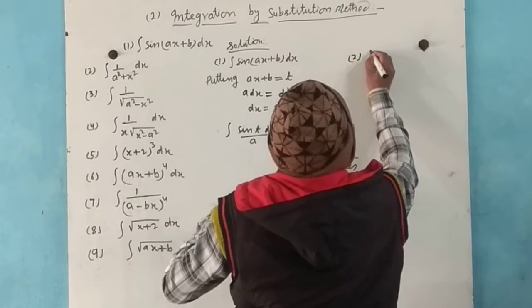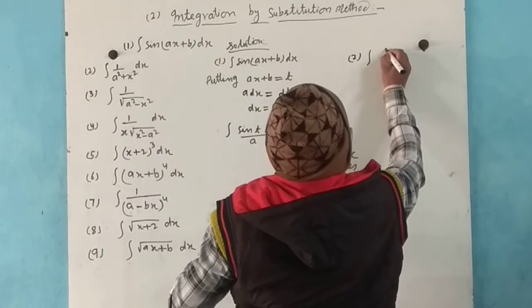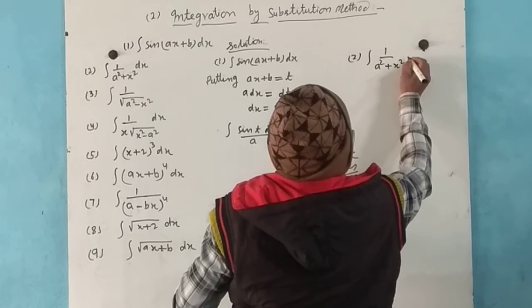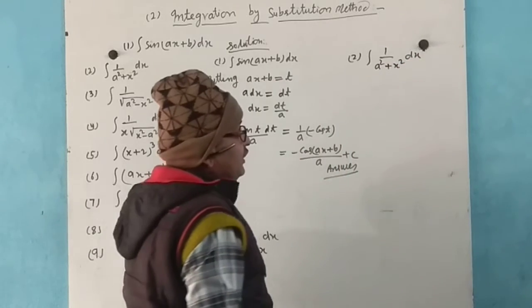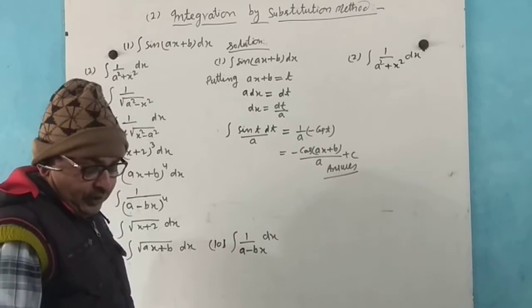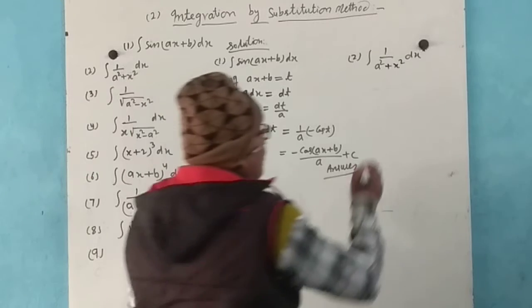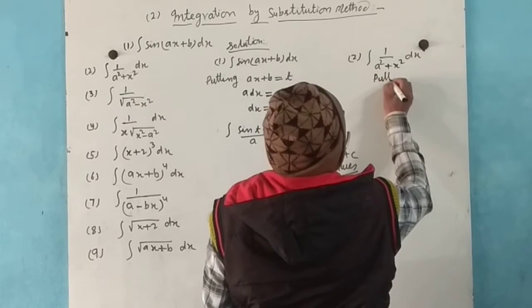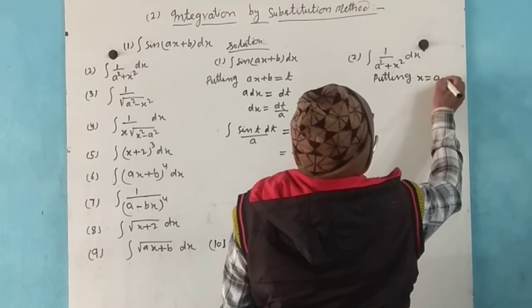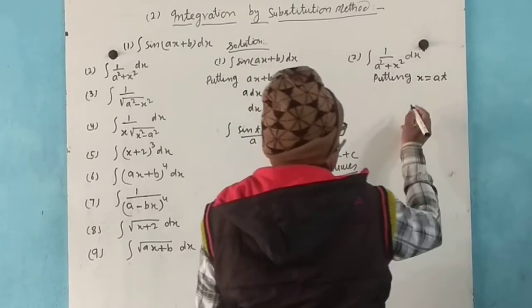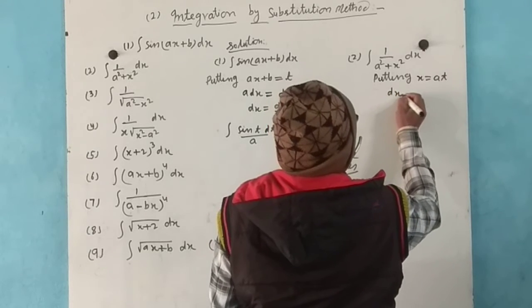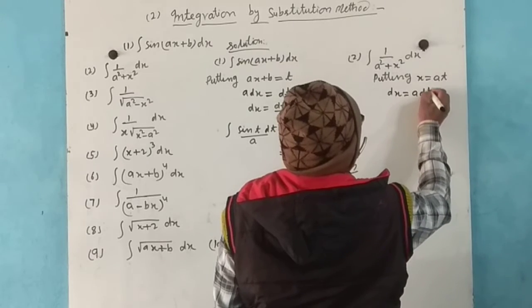Now question number 2: integration of 1 by a square plus x square dx. In this case, putting x equal to a t, we get dx equal to a dt.